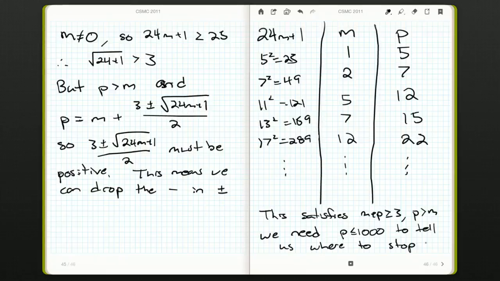I'm not noticing really a pattern going on here. Well, except 5s, 7s, 12s, 15s. So is the next one 15? How about 19 squared? So that's 361 minus 1 divided by 24. It is 15.